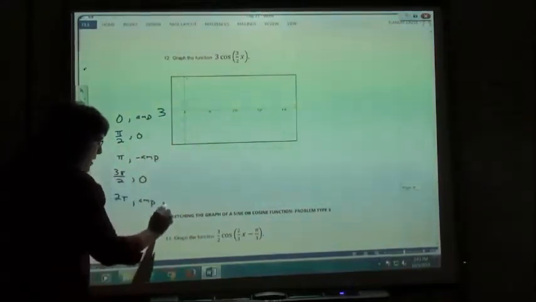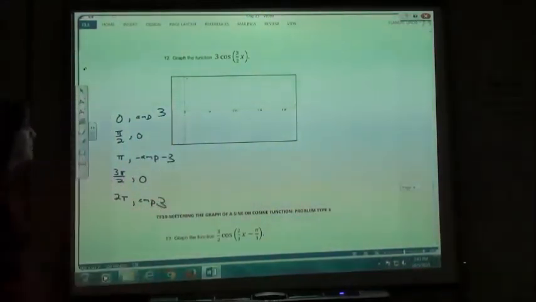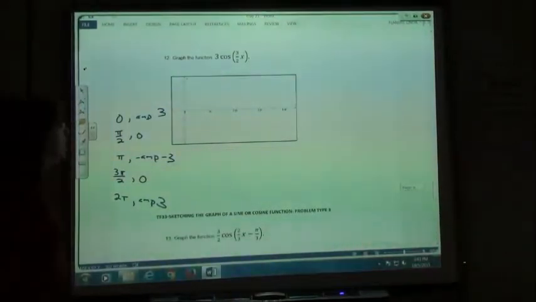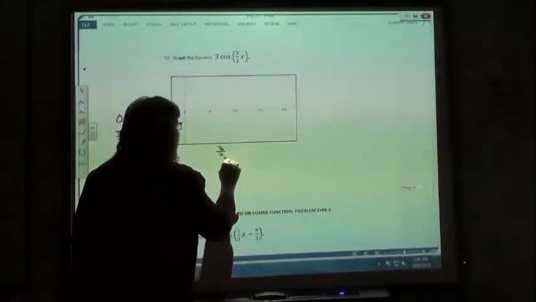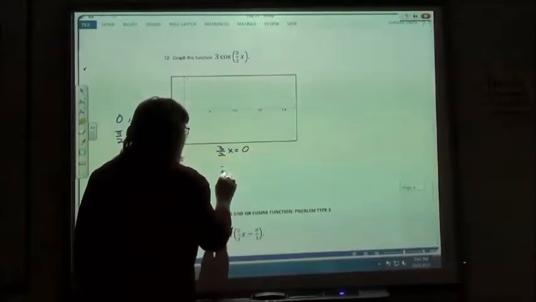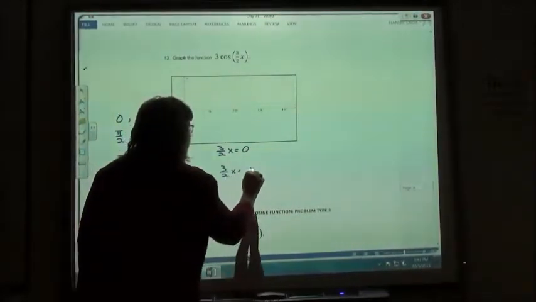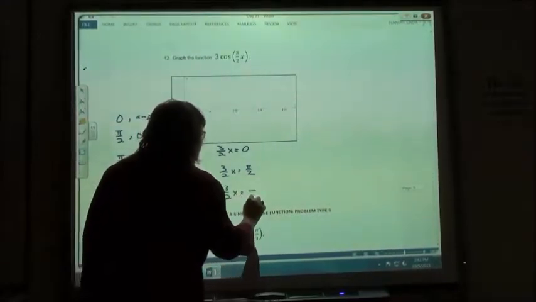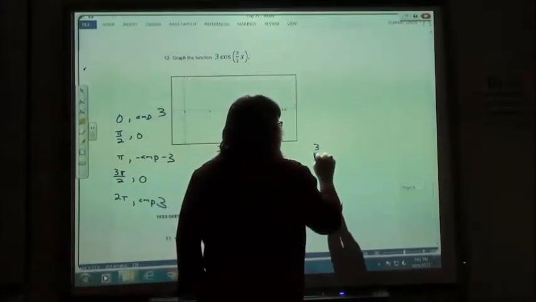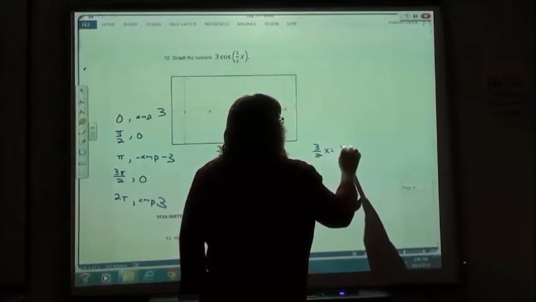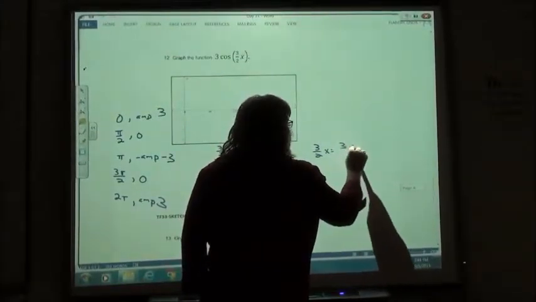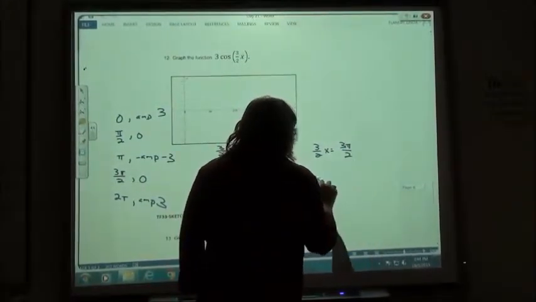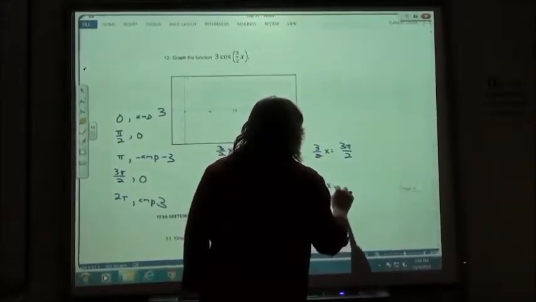So 3, 0, negative 3 in the middle, 0, 3. So we are going to say 3/2 x equals 0, 3/2 x equals pi over 2, 3/2 x equals pi, 3/2 x equals 3 pi over 2, and 3/2 x equals 2 pi.